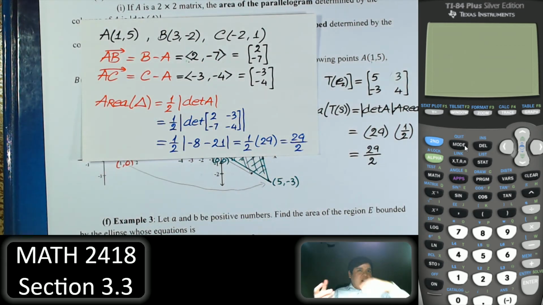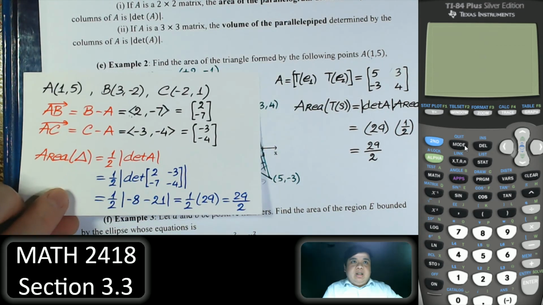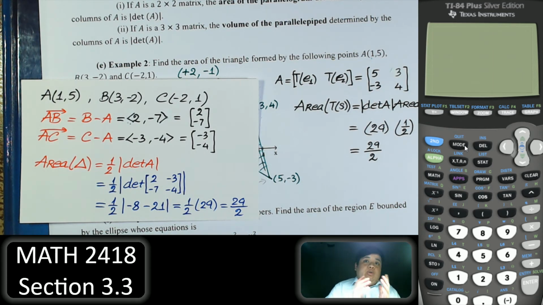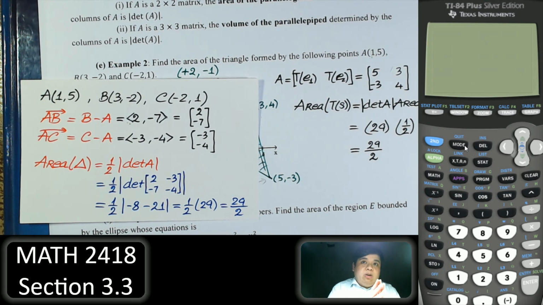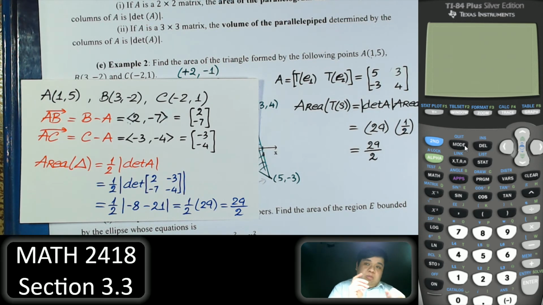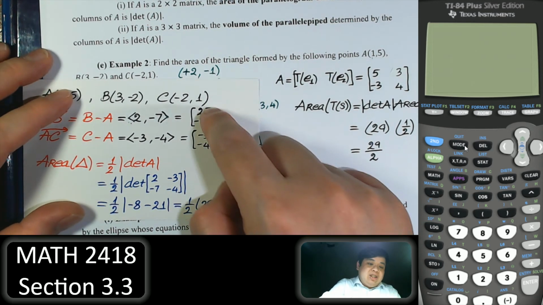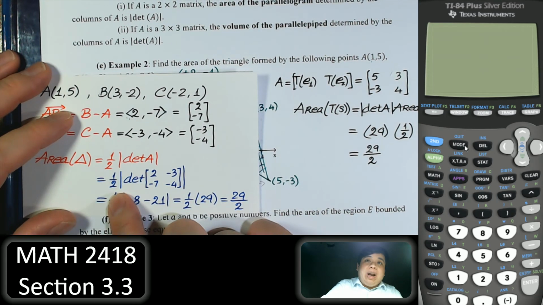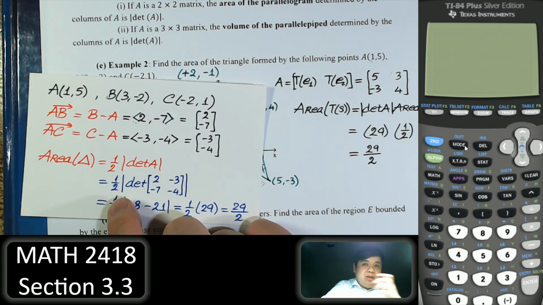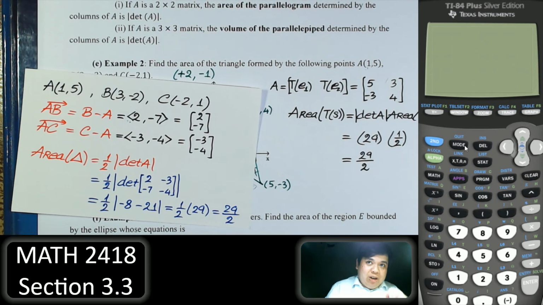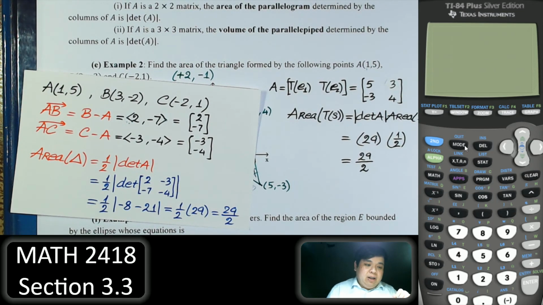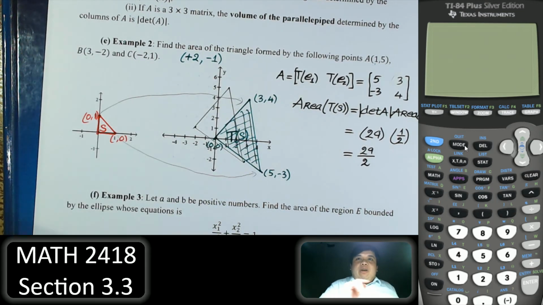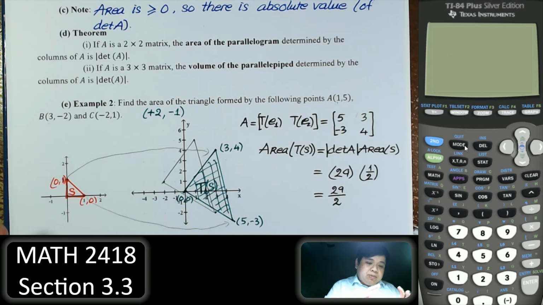Right. So there are a lot of things that we can get from this example. First of all, if we want to find the area of the triangle formed by two vectors, perfectly fine. Just put the two vectors in columns, take the determinant of that, and don't forget the 1/2, because the area of the triangle is half of the area of the parallelogram. So that's the first thing. Now the advantage of the triangle is that we don't have to worry about the case where we have 4 points in the parallelogram.